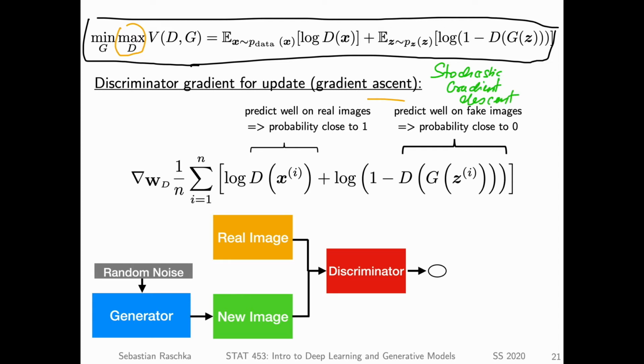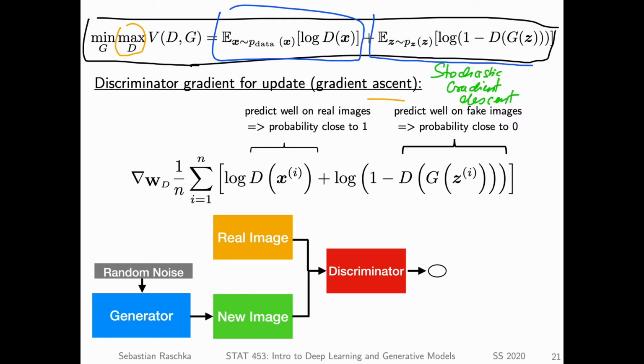Right now we don't want to minimize something, we want to maximize something. So we don't use stochastic gradient descent, we use stochastic gradient ascent, for example. Okay, let me erase that because I will later refer back to the text here. So what we have here is the two parts I talked about earlier.